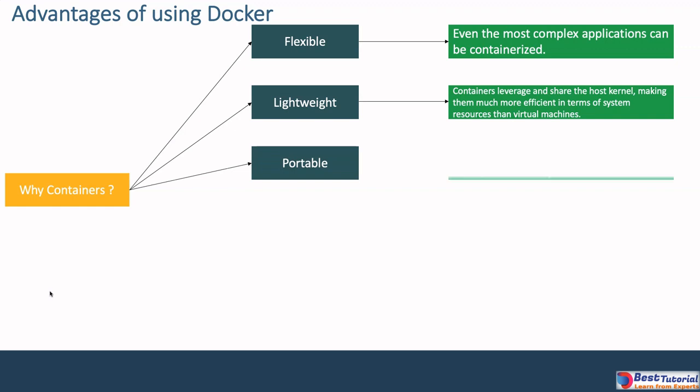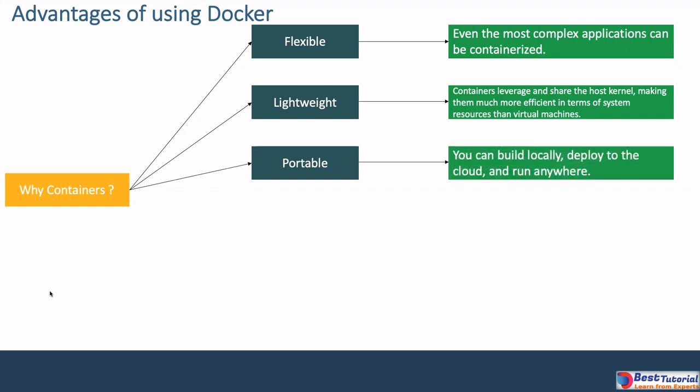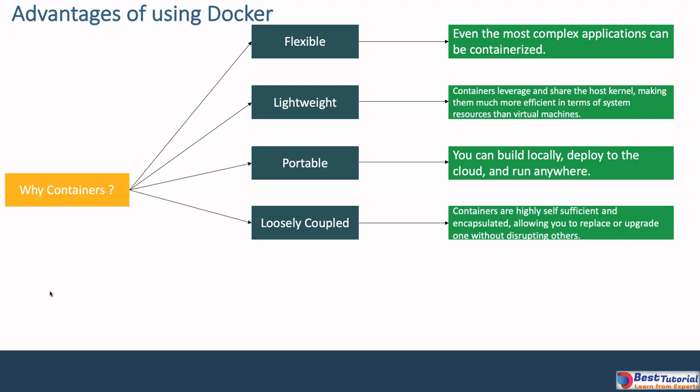They are very portable. You can build locally, deploy to the cloud, and run anywhere. They are very loosely coupled. These Docker containers are highly self-sufficient and encapsulated, allowing us to replace or upgrade one without disrupting others.